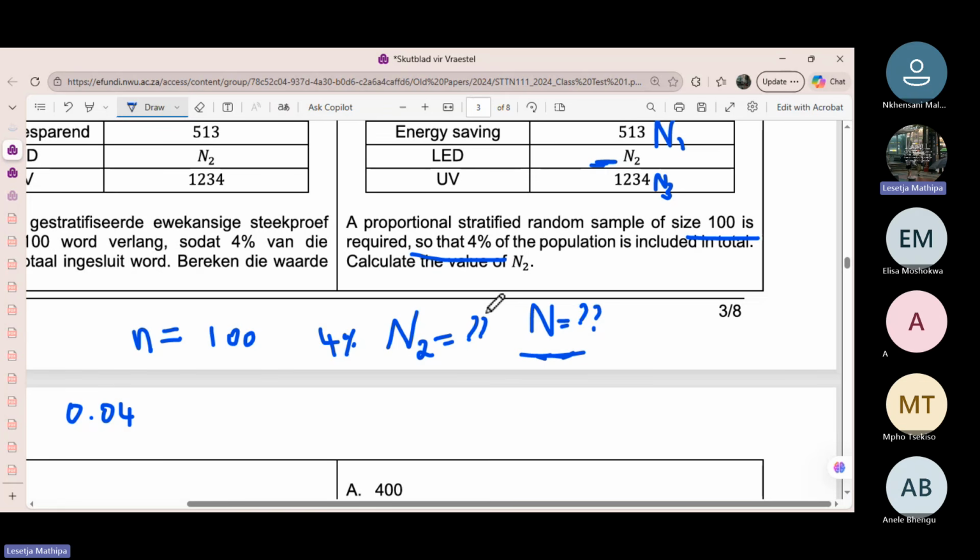So that's why I am going to use the 100 to get that population. I hope you all understand that. Are you all with me? Please confirm before I continue.